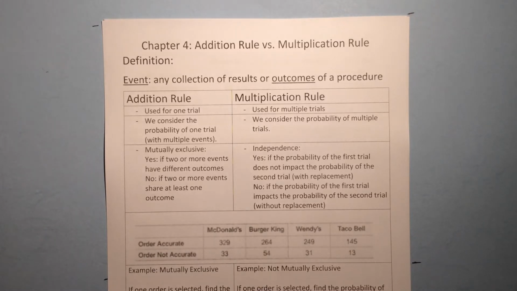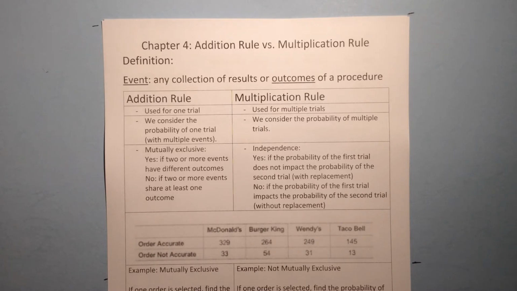When we're looking at both the addition rule and multiplication rule, these are used for different sets of circumstances. So the addition rule is used for one trial, and the multiplication rule is used for multiple trials. That's going to be important to know, because we're going to look for keywords in the question that tell us when we are looking at one trial or when we are looking at multiple trials.